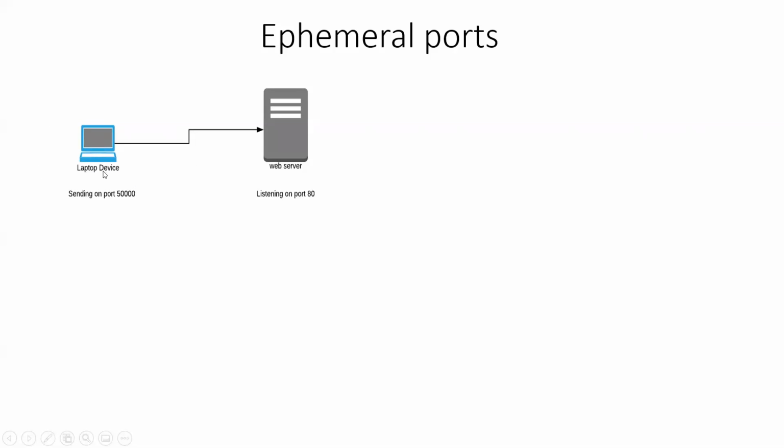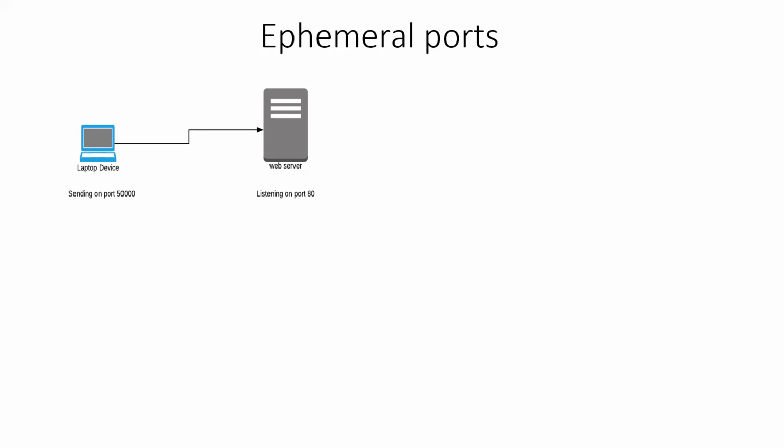But what this client does is they will send the request to port 80 on this web server from a completely different port. So in this example, I put the port number as 50,000 for this laptop device. There is a range of ports for each computer based on your OS and other aspects. That port range is called ephemeral ports.